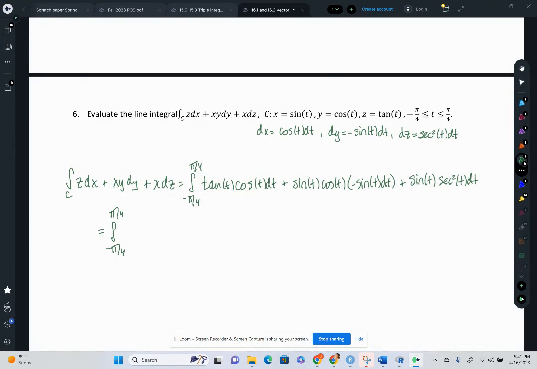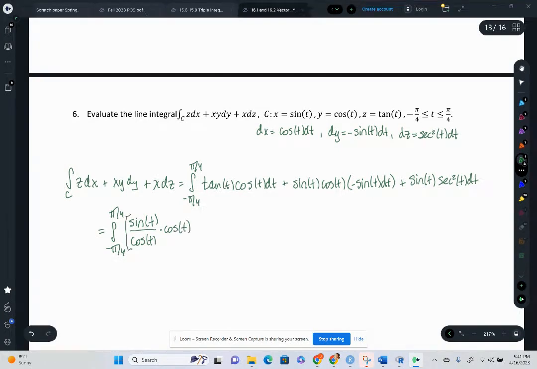I'm going to take my time writing this out so that it's not like voodoo. So I have sine of t over cosine of t times cosine of t in my first term. The other one, I can't really do much with that. It's just minus sine squared of t cosine of t. That's going to use a u substitution.